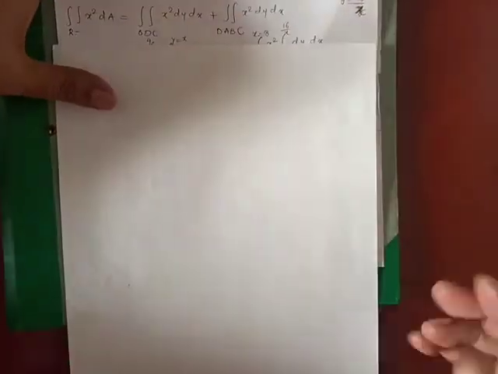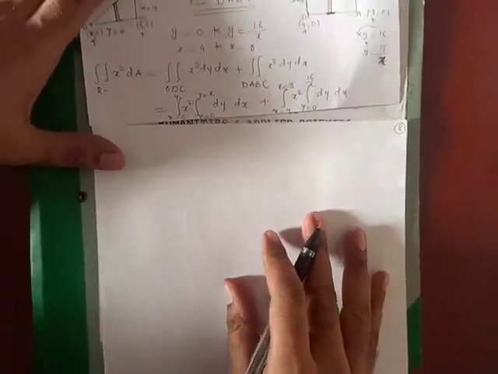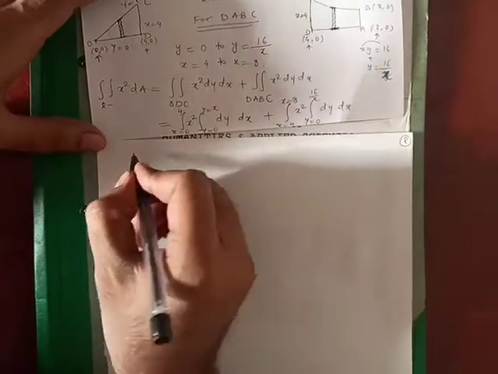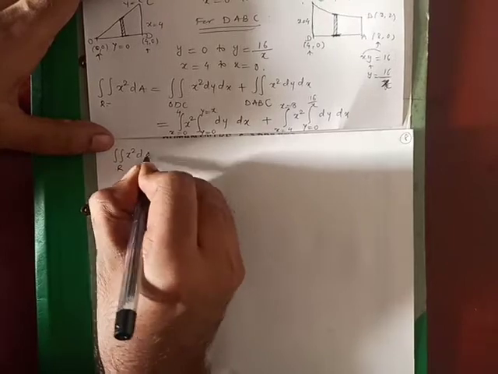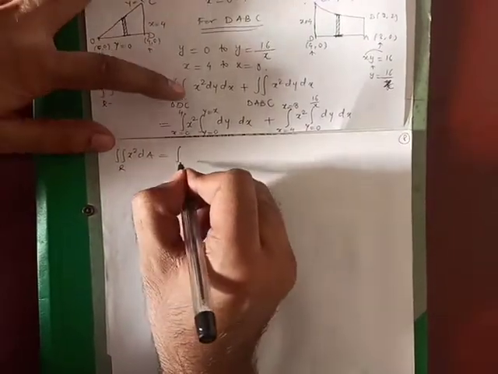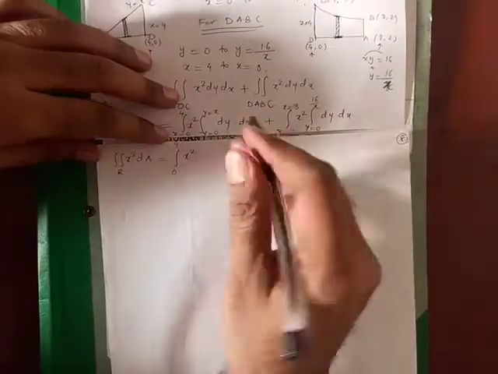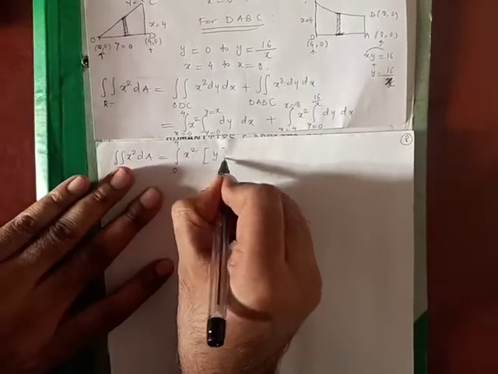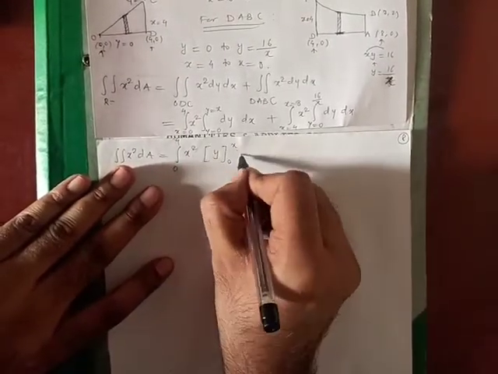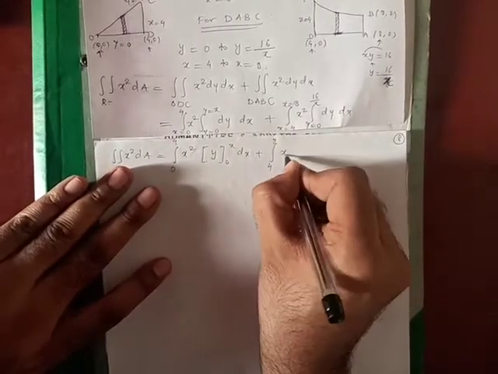Next thing, page number 8. Continuing this, integration over region x square dA will be integration from 0 to 4 as it is, x square as it is. What is integration of dy? Integration of dy will be y from 0 to x into dx, plus 4 to 8 as it is, x square as it is.